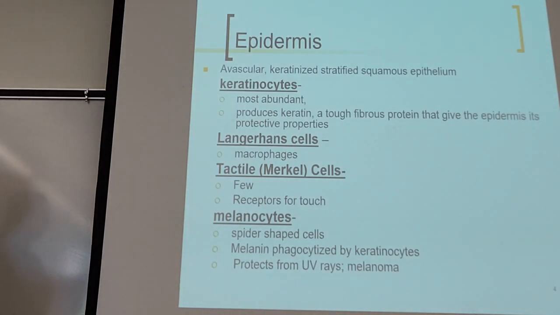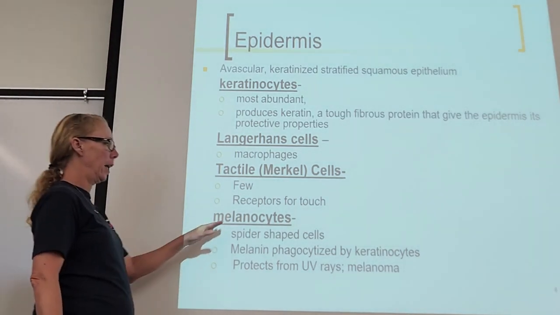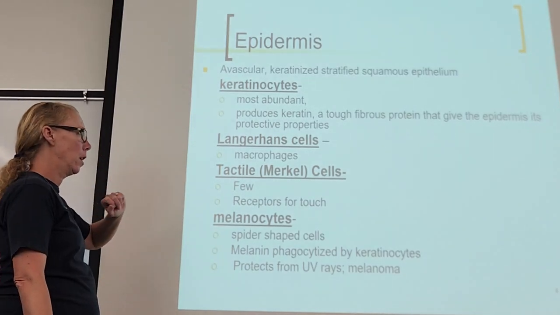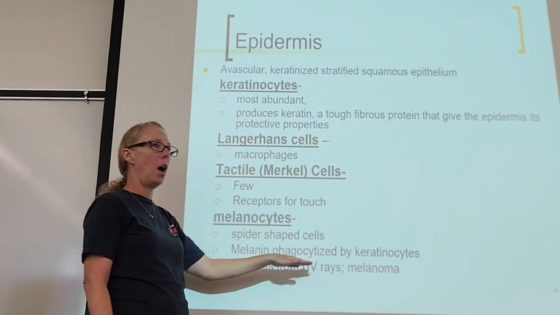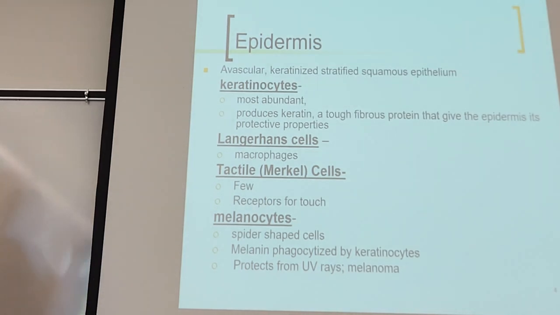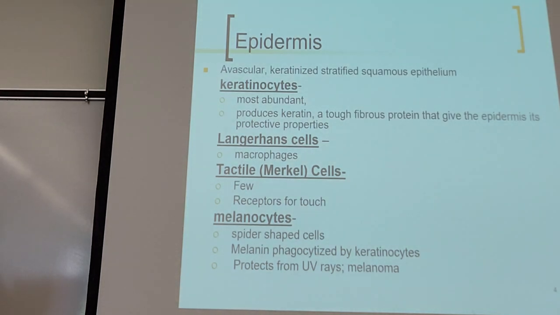So you need melanin. Interestingly enough, melanocytes make the melanin, they give it to the keratinocytes, and then the keratinocytes over time break it down. And that's only because you're sloughing off your superficial layer of skin constantly. So we're just big dust machines is what we are. We're just constantly sloughing things off.